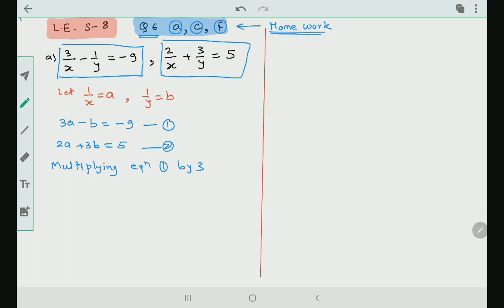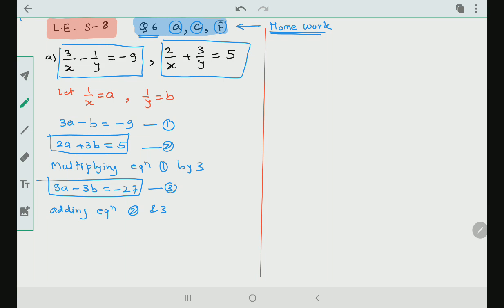So if I multiply equation number 1 by 3, what do I get? 9a minus 3b is equal to minus 27, and this is equation number 3. I will be adding equation 2 and 3.